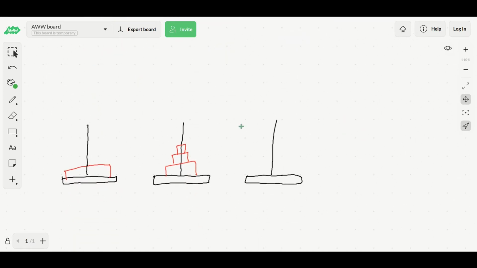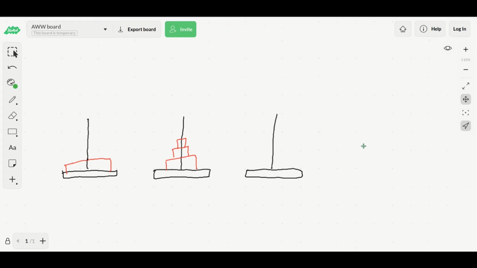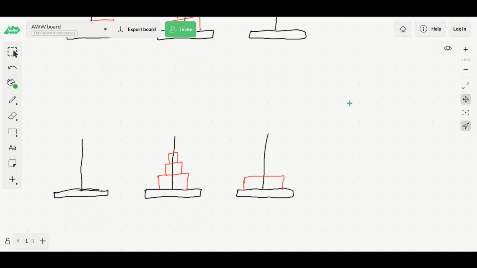We need to take all the disks that were on top of this larger one and put them in the middle stack. And then we will be able to move this disk over here to get to this situation. So basically here we are done. We moved the larger disk here, and we only have a subproblem now.